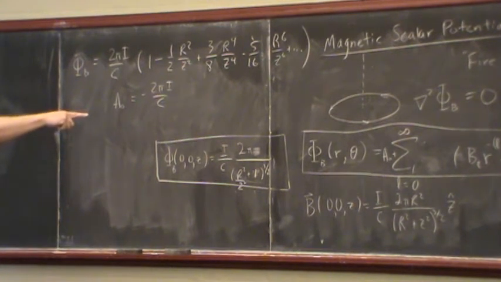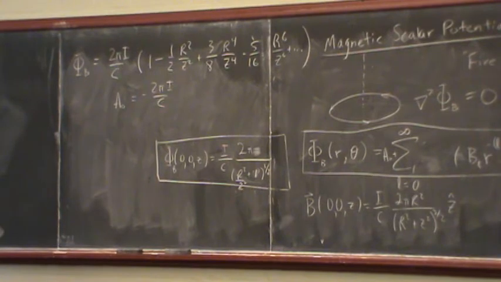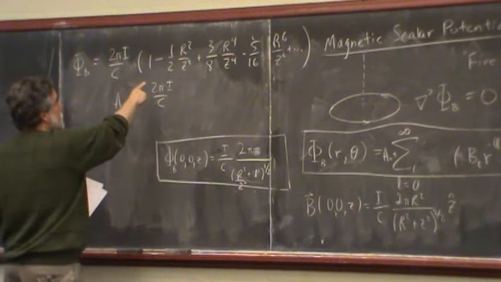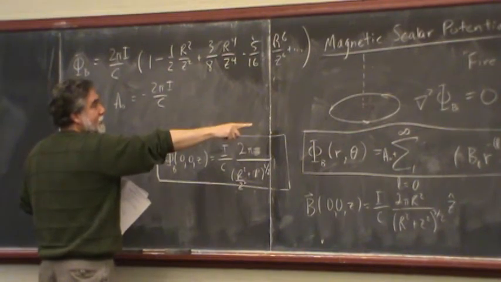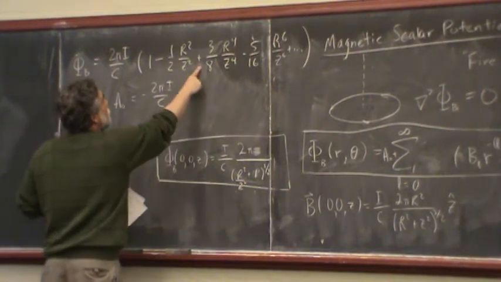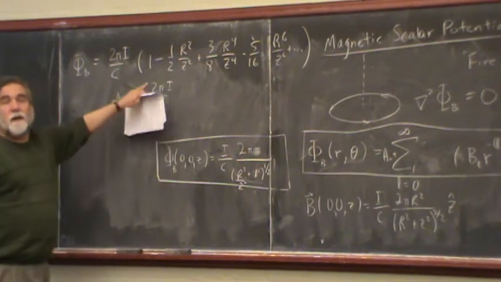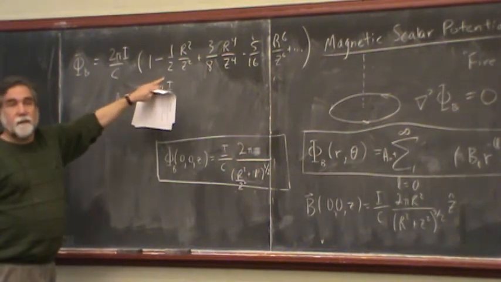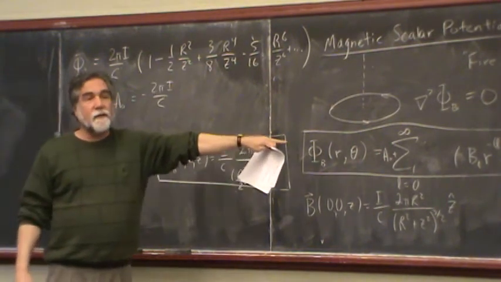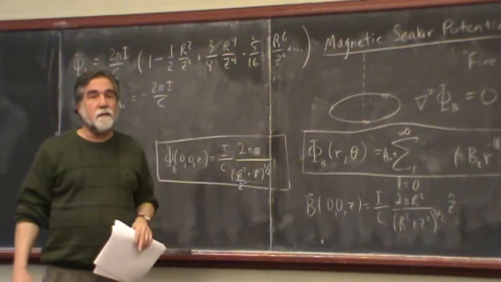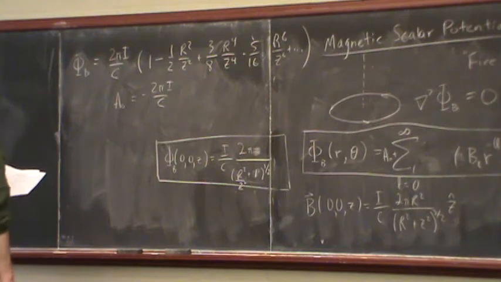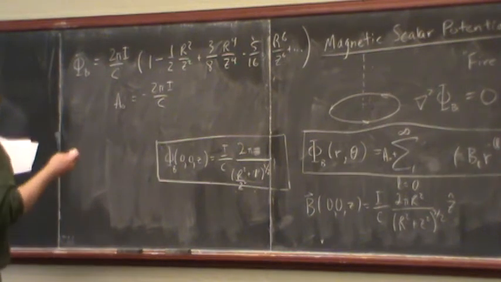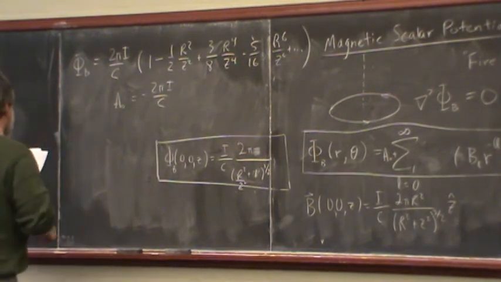Looking over here, I come to the conclusion that all even L's are going to go to 0 because I don't have any even powers over here, only odd. All right? So all the p sub L's for even L are going to go to 0. Right? And then I can look to see, okay, which ones actually end up corresponding here.